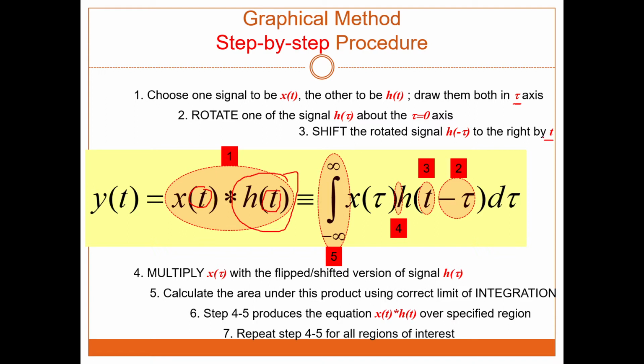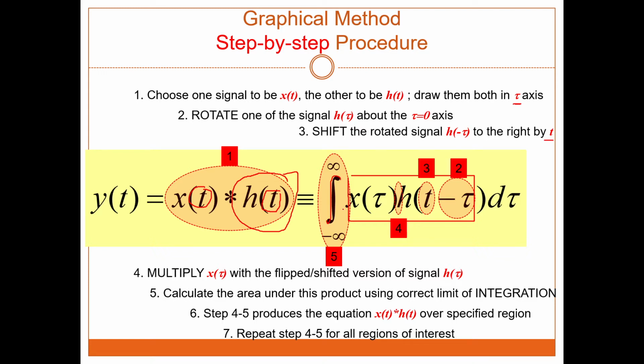a constant t. Just name it constant t because we want to create a mathematical equation, so we shift it by t. After that we multiply x(t) and h(t), but h(t) in its flipped and shifted version. To calculate the area under this product, we use the integration technique.